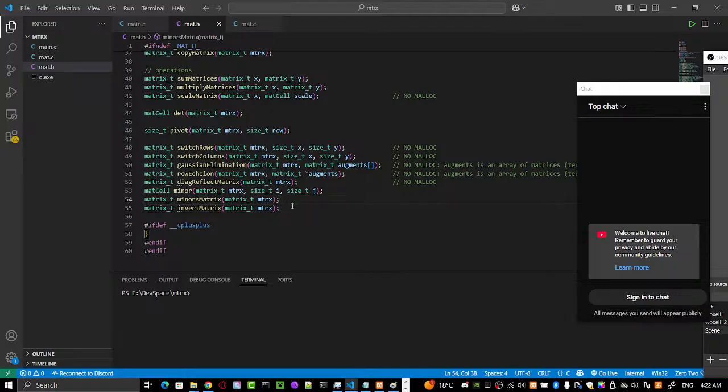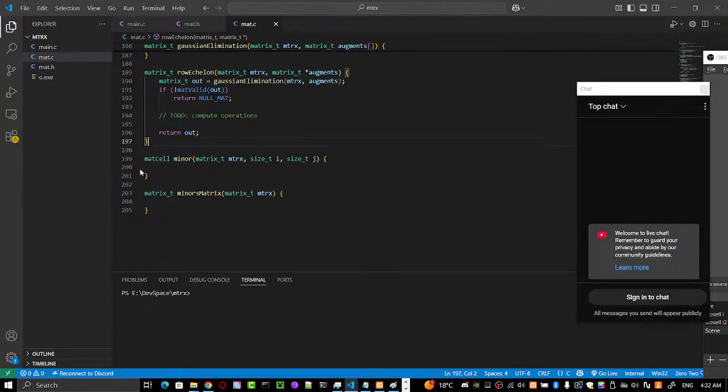So this also will allocate memory. So let's implement this function. This is really easy to do.